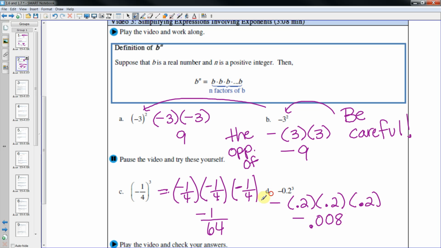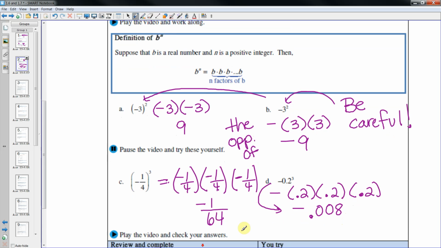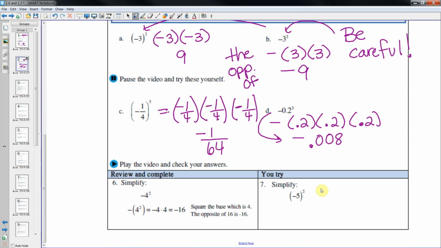It's going to be negative because the negative is going to carry with that answer. So just be really careful. You can see they did this one. Negative 4 squared, no parentheses, end up with a negative 16. Negative 5 squared with parentheses. Negative 5 times negative 5 equals positive 25.